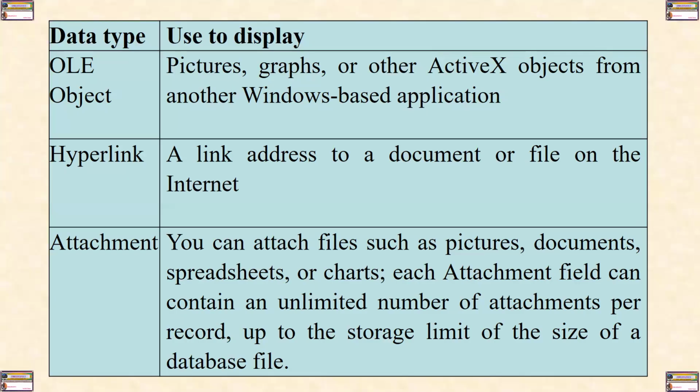The other type of field or data type is hyperlink. A hyperlink is usually a link address to a document or a file on the internet. And therefore, if you want, for example, to be accessing a certain website or a certain document or a file that is not stored in your computer, but is stored, for example, in an online platform like the internet, then you can create a link, which is composed of a set of characters forming what we call the Uniform Resource Locator, or URL.